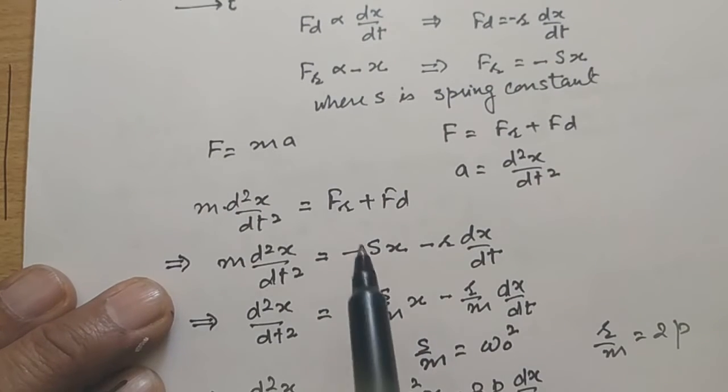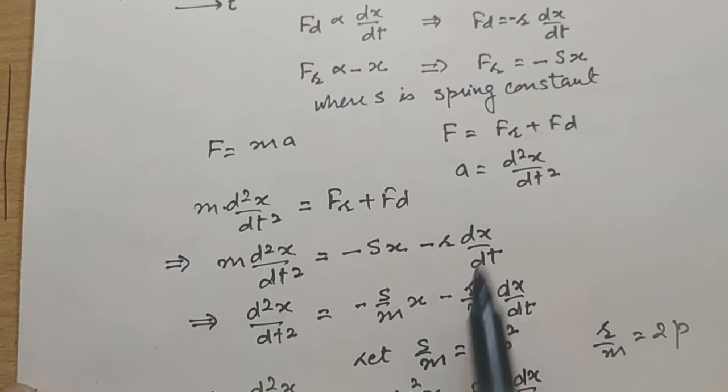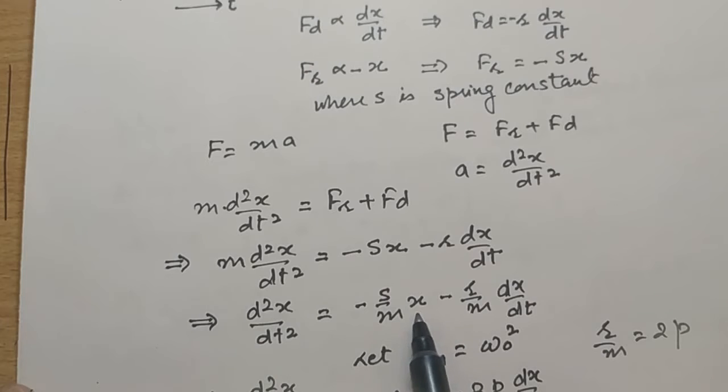You know that the restoring force is minus Sx, and the damping force is minus r dx by dt. Again, we can take this mass to the right hand side. We can write d2x by dt square equals minus S over m x minus r over m dx by dt.